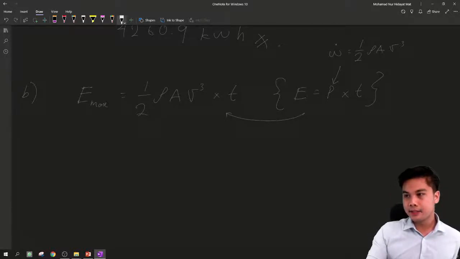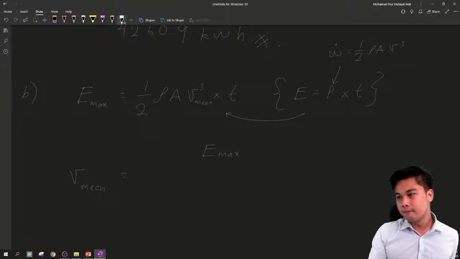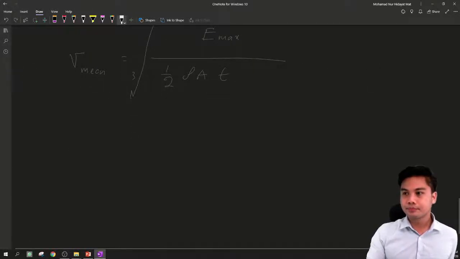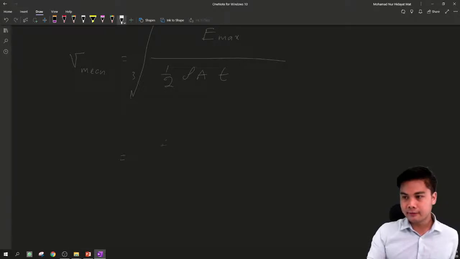Okay, this is actually V mean. So in order to get V mean is equal to energy max divide all this with 1 over 2 rho A with time, and then we do the square root of 3 because this is the power of 3. So E max previously we discovered 4260.9 kilowatt hour multiply with 10 the power of 3 over 1 over 2.